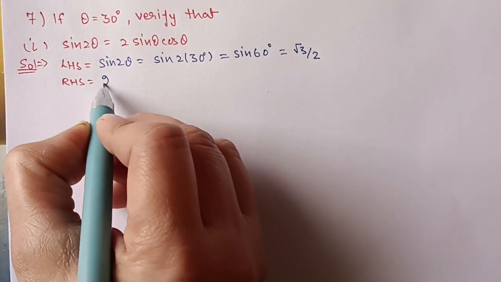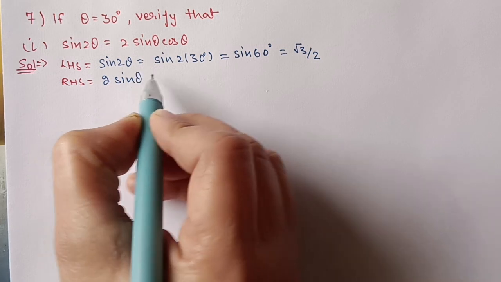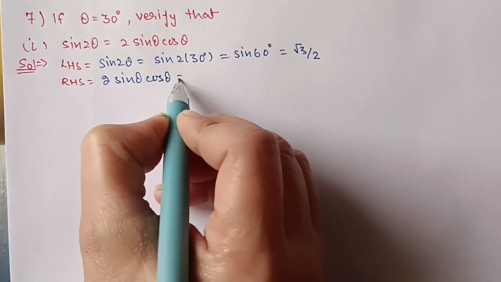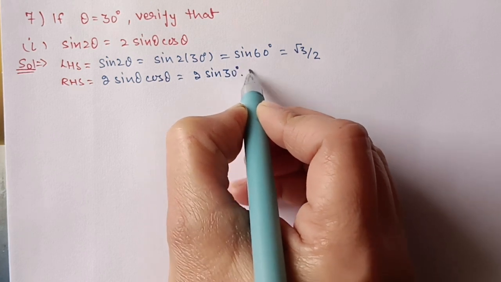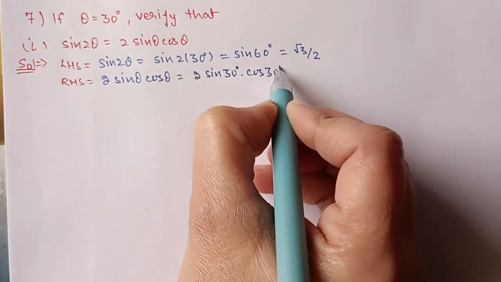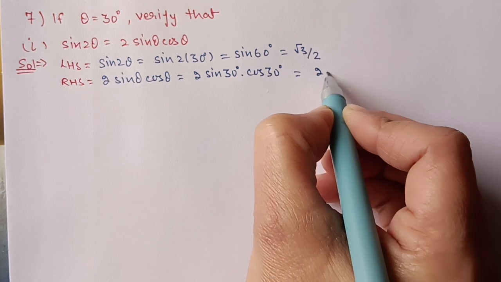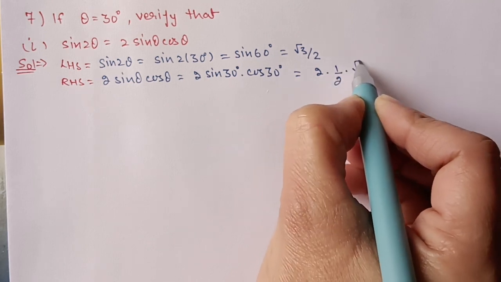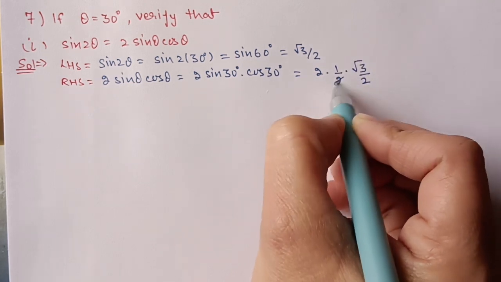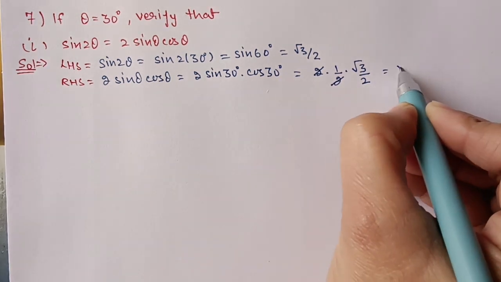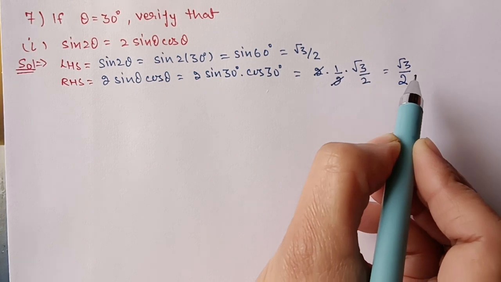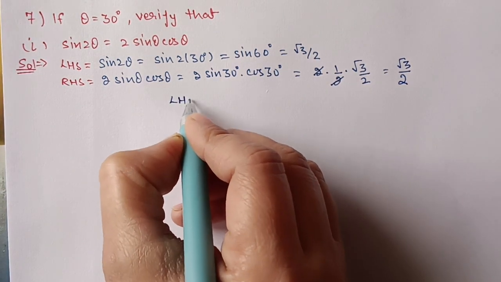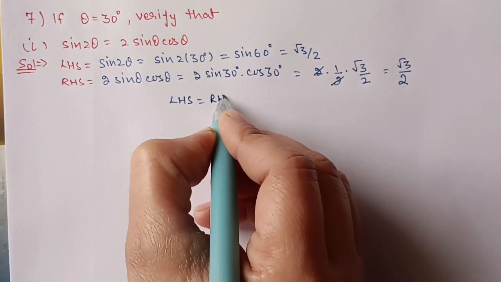Now on the right side we will substitute values. 2 sin theta cos theta, 2 sin 30 and cos 30. Sin 30 value is 1 by 2 and cos 30 value is root 3 by 2. This 2 you can cancel and finally we are getting root 3 by 2. So you can see left and right side both are coming the same. Hence it is verified.